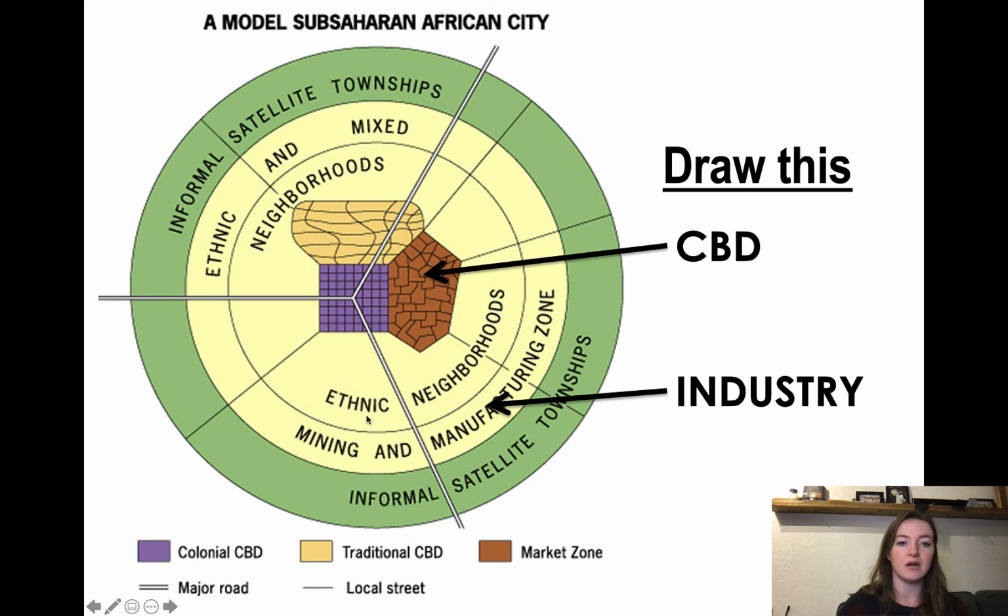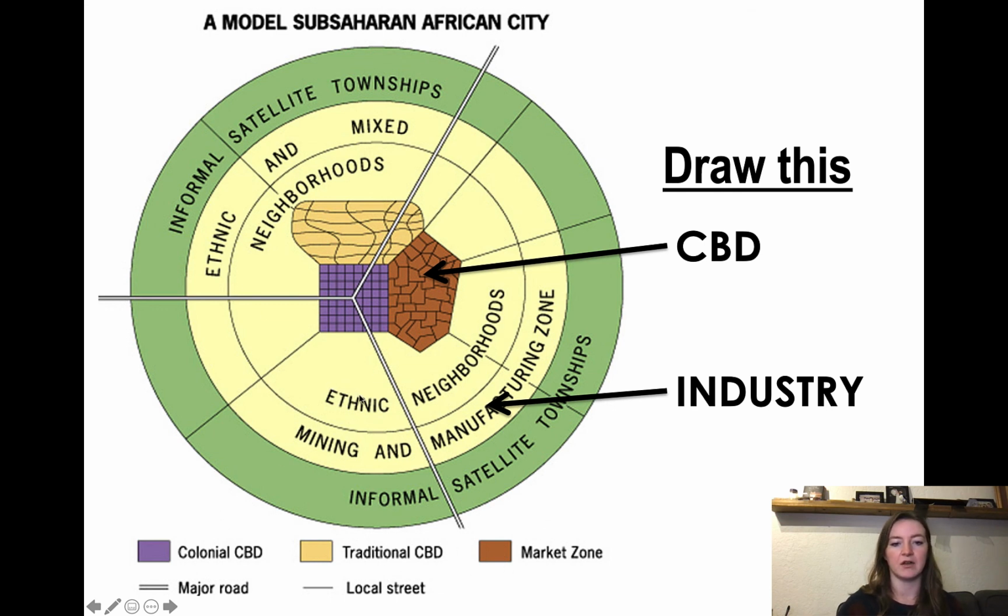So we see our neighborhoods all around, ethnic neighborhoods really close, especially on the market zone side, ethnic and mixed neighborhoods along the colonial traditional side. We'll see some informal townships, the satellite towns that kind of crop up in response to the city itself, all along the outside.